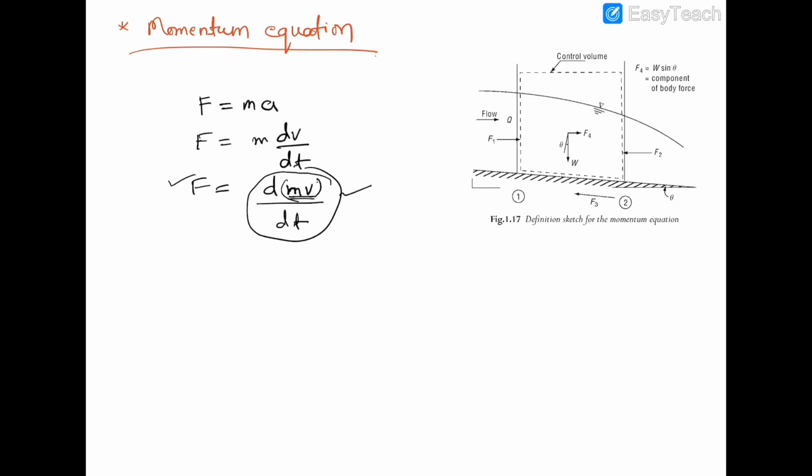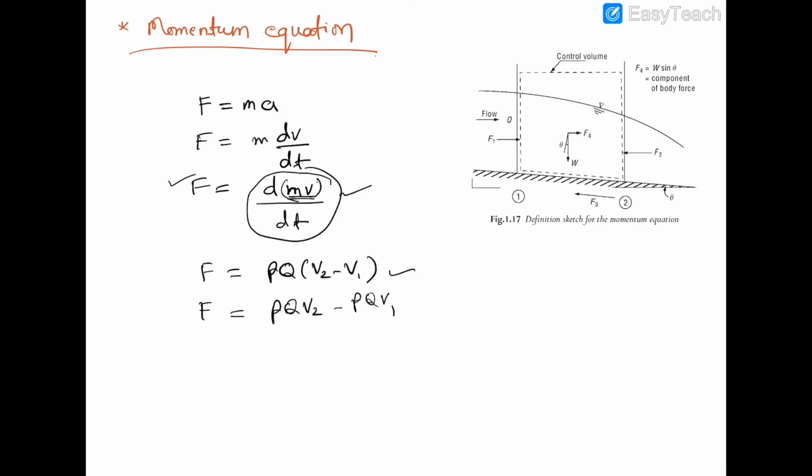Now the rate of change of momentum we can write as rho q (v2 minus v1). That we all know very well. We have studied this thing in fluid mechanics as well as in HHM. So F is equal to rho q (v2 minus v1), which we can write as rho q v2 minus rho q v1.